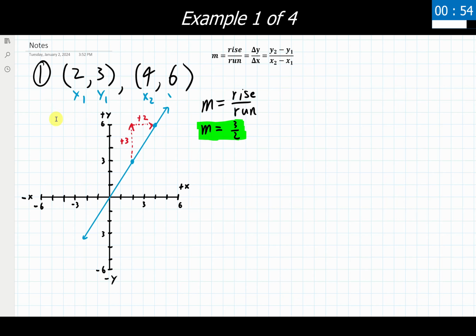Now off to the side, I'm going to go ahead and divide this up a little bit, give myself some space. I'm going to write out my general equation. So I have that there. Now I'm plugging in x1 and y1 accordingly, and then x2 and y2 accordingly in here as well.